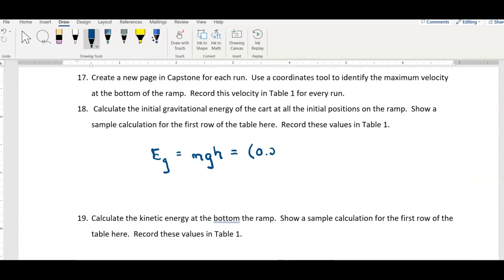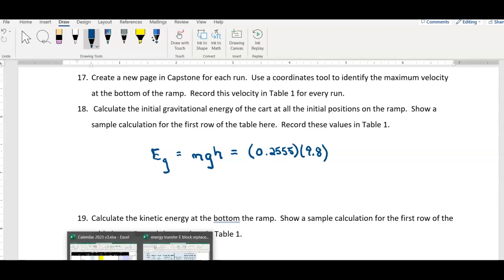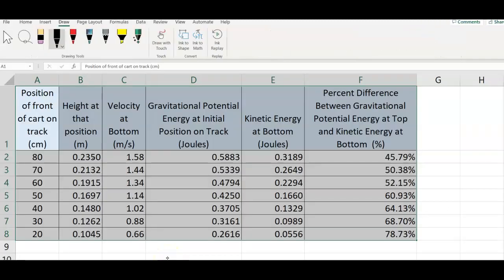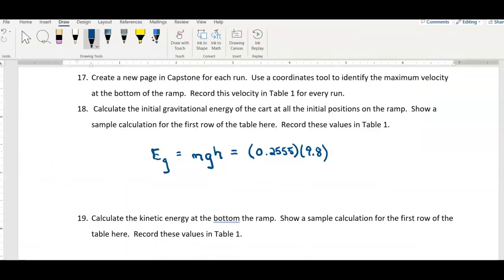So 0.2555 kilograms times 9.8, and the height in the first row was 0.235 meters. And I would just multiply those together and fill in this number here, and that would be joules.